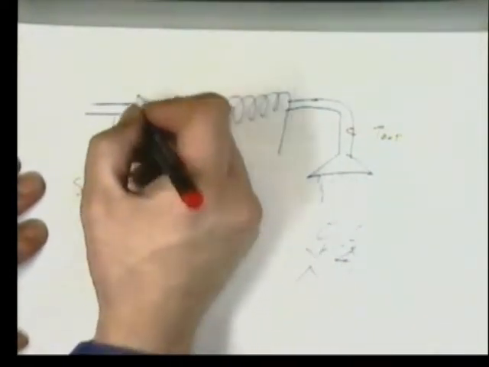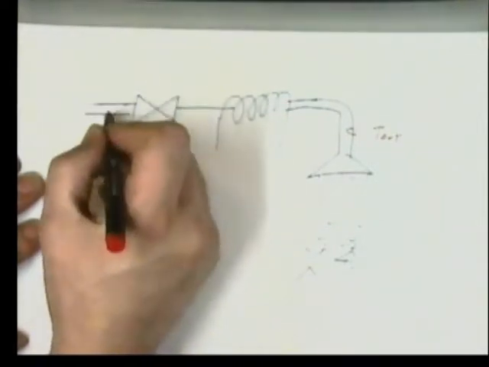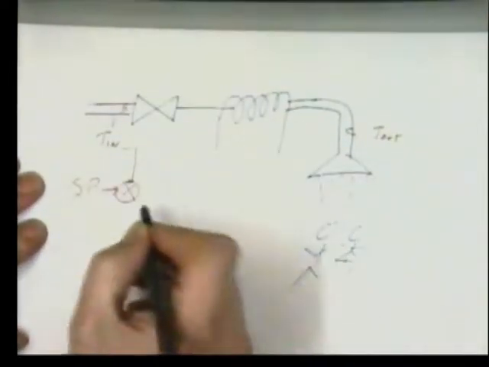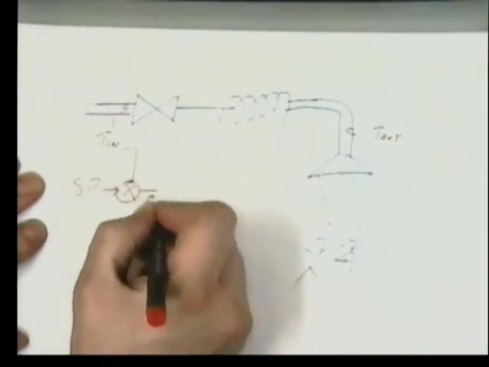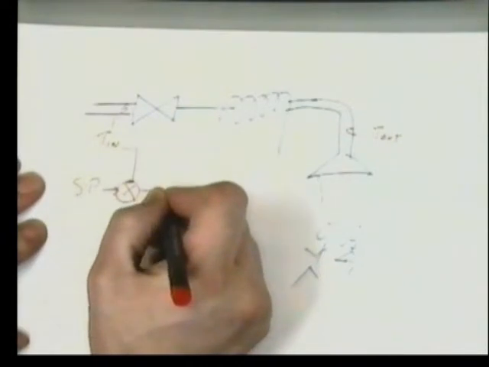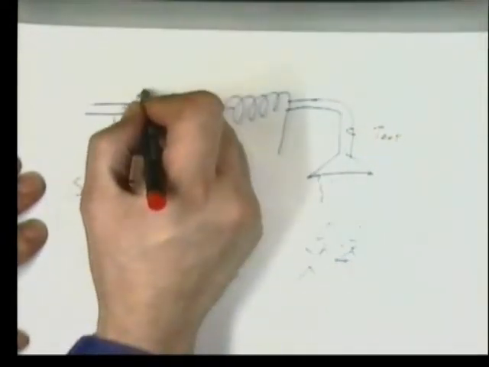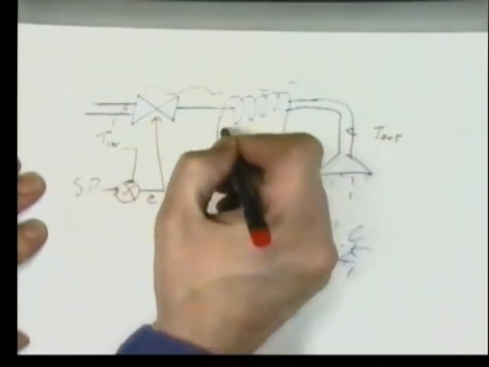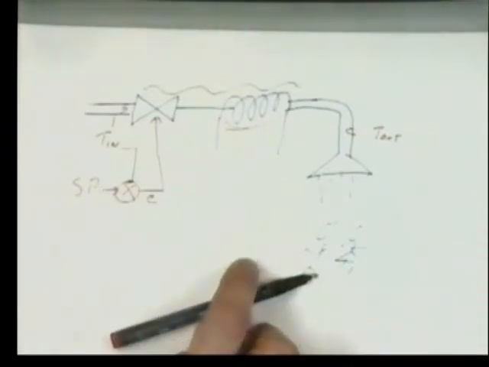And so what we do is we measure the difference in temperature between the water flowing in before it's reached the heater, and we compare that to our set point, and we get an error. Based on that error, we then adjust the valve to give us the correct flow rate for this heating element to give us the correct output temperature.